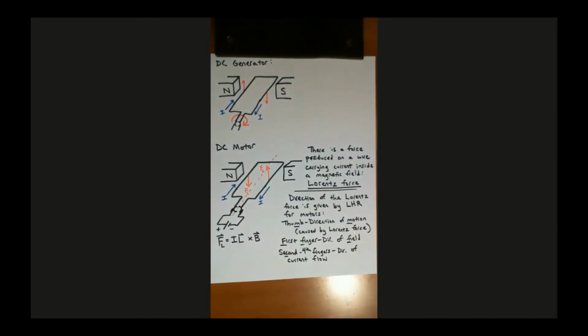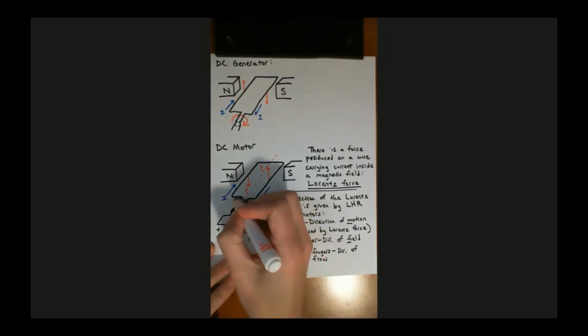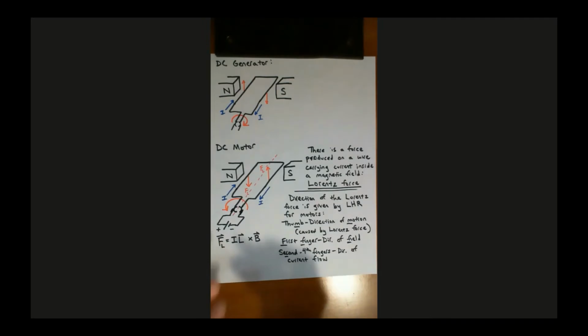So as a result of that, this motor is going to rotate in the counterclockwise direction. All right, so we just did our first motor problem applying the left-hand rule for motors.